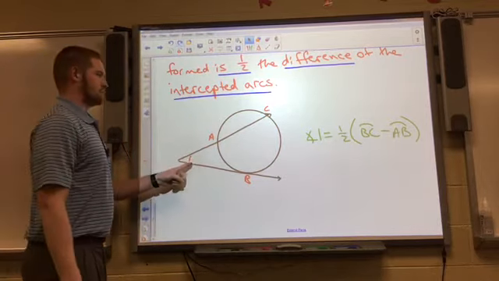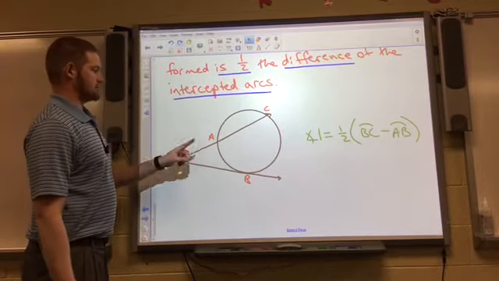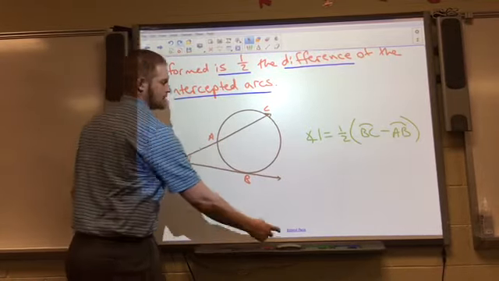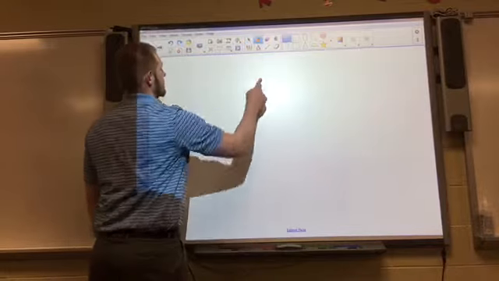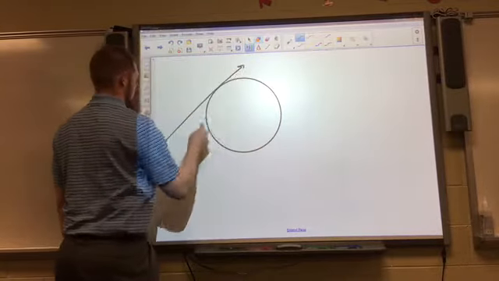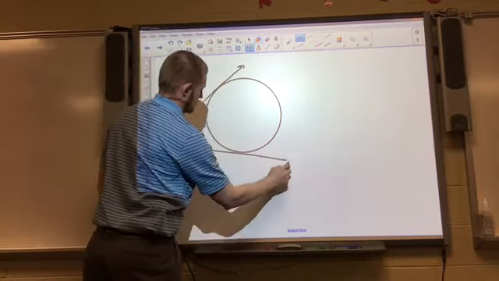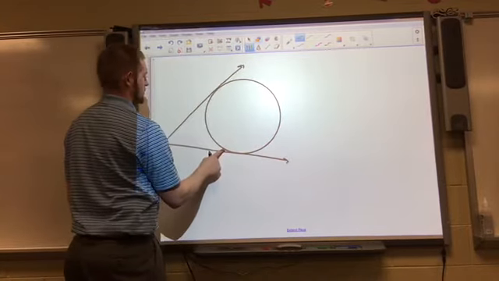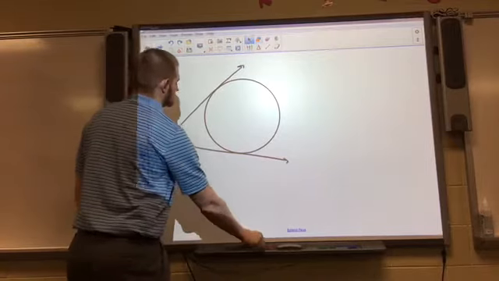That's one scenario. Again, that's with a tangent and a secant. You also might have two tangents.